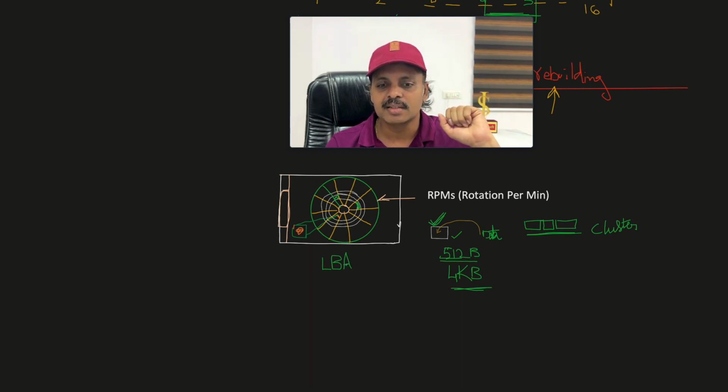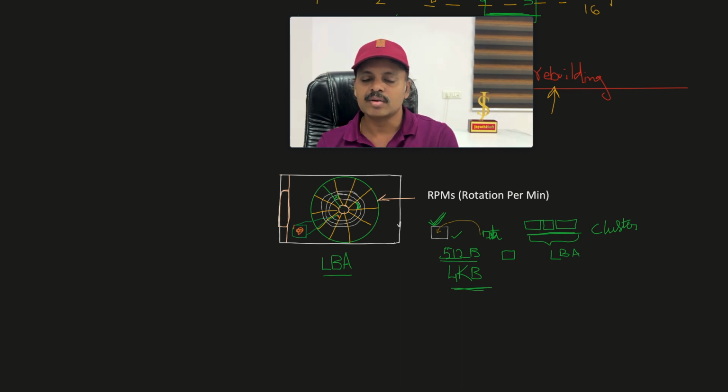LBA, logical block address. So here the block can be a single sector or multiple sectors. Is that clear?